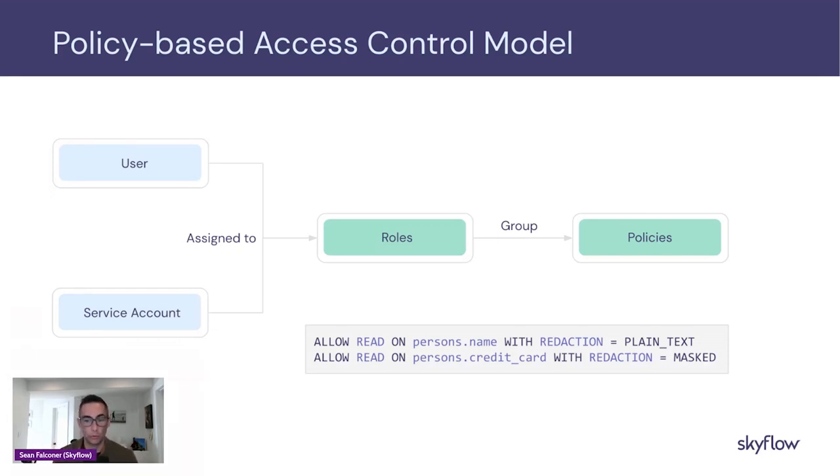And then you can build up rules like this one where we're allowing the role to read the person's name in plain text, but we're also allowing the role to read the credit card, but only in a masked form in this case. And it's presumably going to be masking the first 12 digits of the credit card and only showing the last 4. And you can build up these policies that will give you fine-grained access control over what the service and user can actually see in the resulting data.